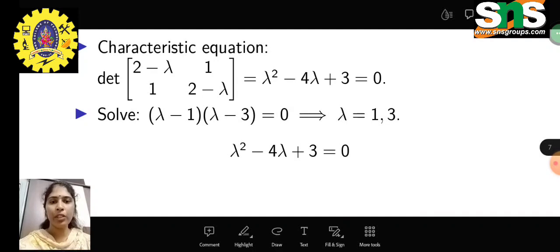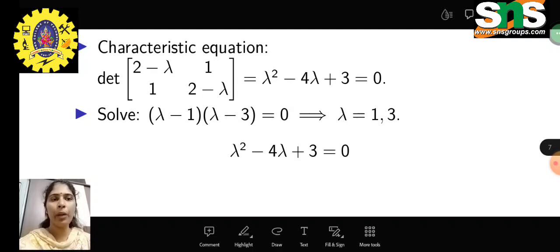and we are going to find the eigenvalue. So first we are taking the determinant of A minus lambda I. So we are getting determinant of 2 minus lambda 1, 1, 2 minus lambda. Now we are going to find the determinant value by taking cross multiplication, main diagonal minus opposite diagonal. So we have 2 minus lambda the whole square minus 1.